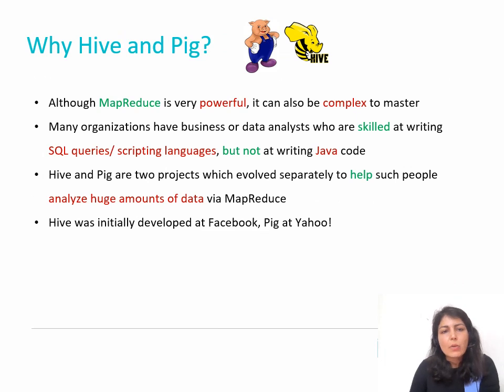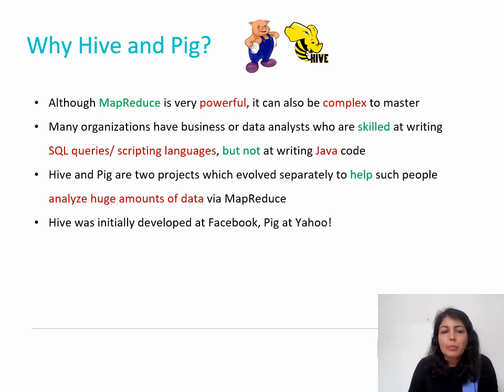First of all, let's see why we need Hive and Pig. As you know, MapReduce is very powerful, but on the other hand, it's very complex. So there are not many people who are really skilled in writing and implementing complex Java code. But you can find many people who have enough skill in writing SQL queries and a scripting language.